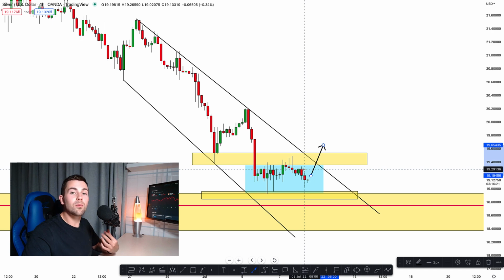So here we will get a double breakout. Yes, the violation of a vertical structure and the violation of a horizontal structure. And definitely for us, it will be a very important trigger. And once we see the violation of that yellow cluster, then we can buy.